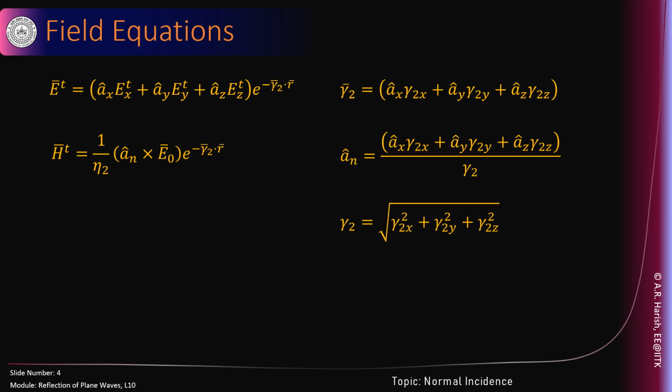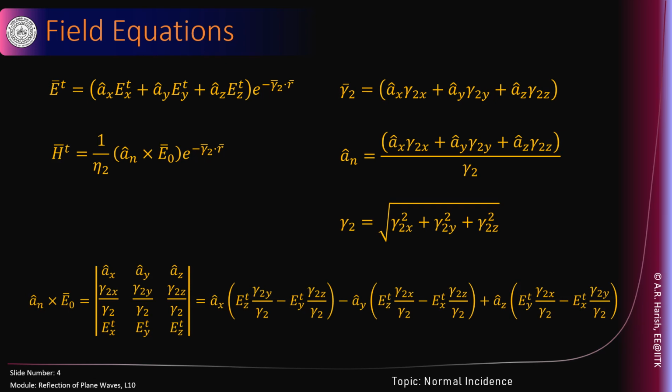Now, you have to compute a n cross E naught, which is done with the help of a 3 cross 3 determinant, a x cap, a y cap, a z cap, and we write the components of a n cap, which happen to be gamma 2x by gamma 2, gamma 2y by gamma 2, and gamma 2z by gamma 2. These are the three components appearing here.